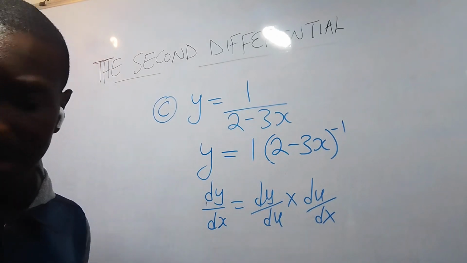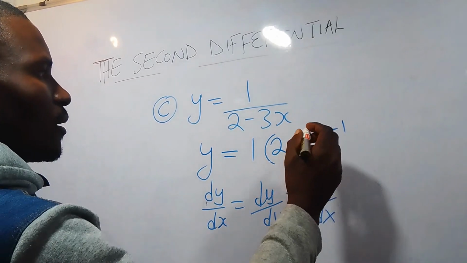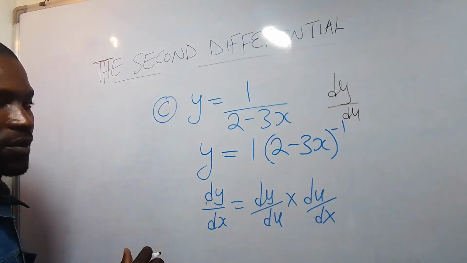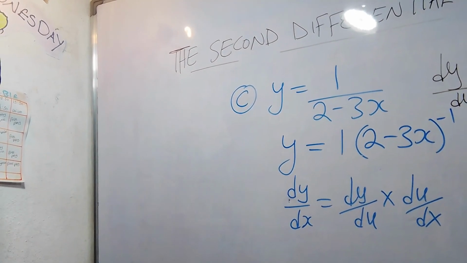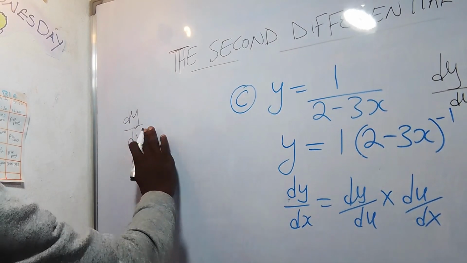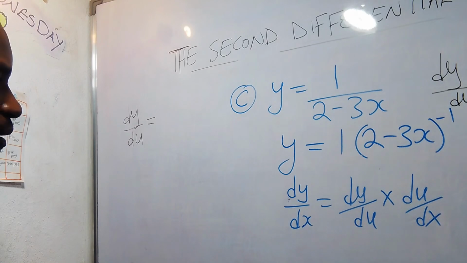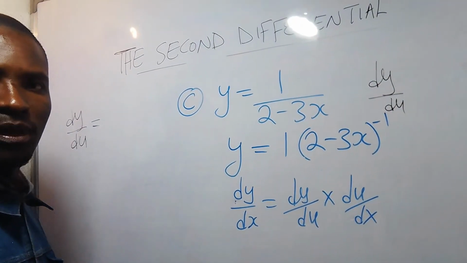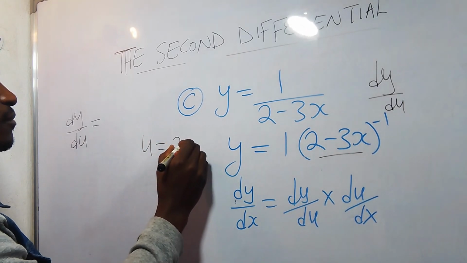So from there, dy over du: what you need to understand first of all is that dy over du will be equal to what? Let u equal 2 minus 3x.